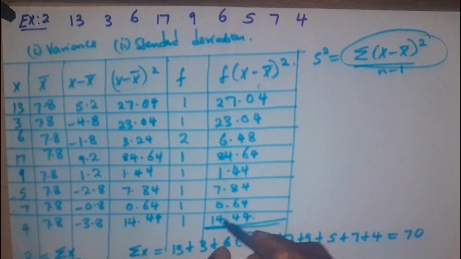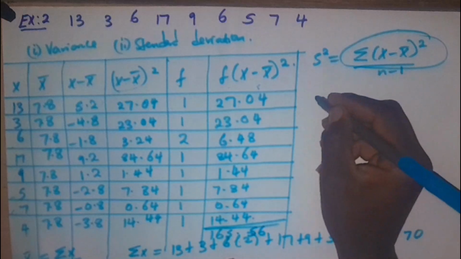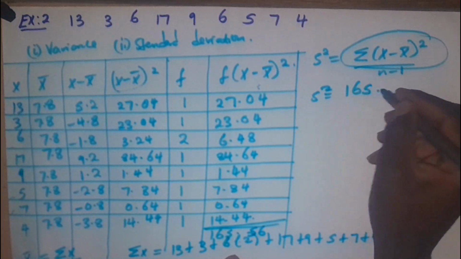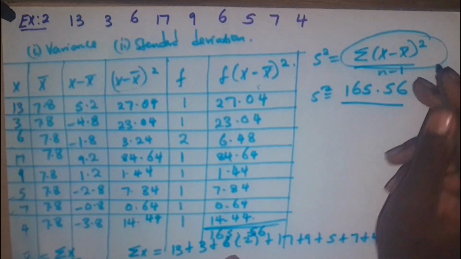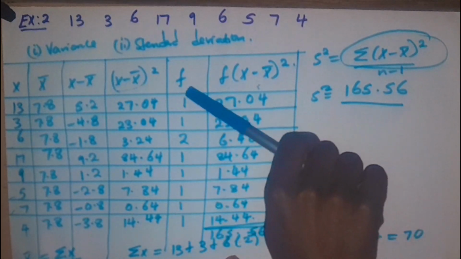The total value is 165.56. So we say 165.56 all over n. Our n is not going to change. We count the frequency: 1, 2.